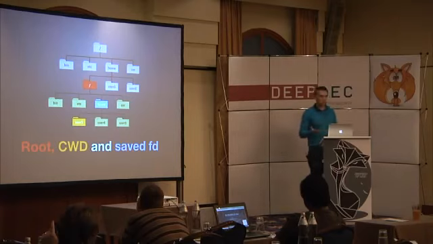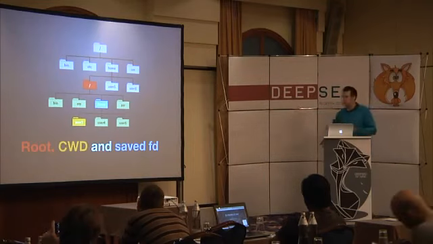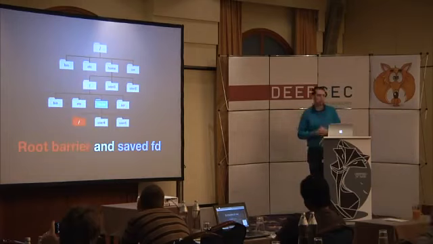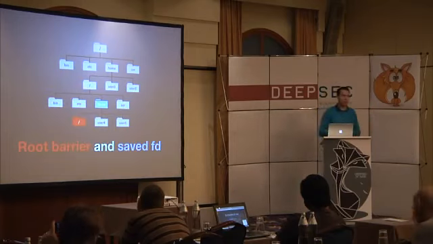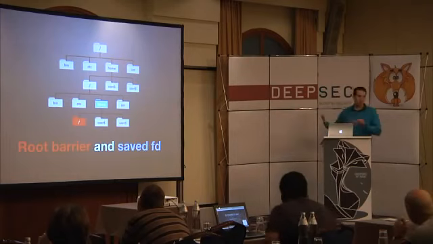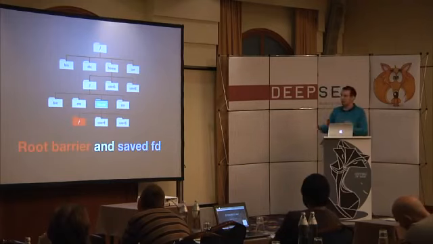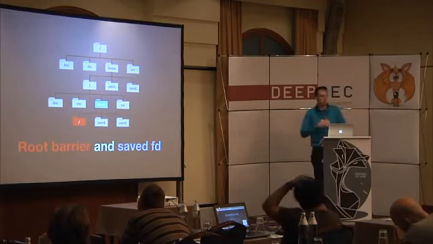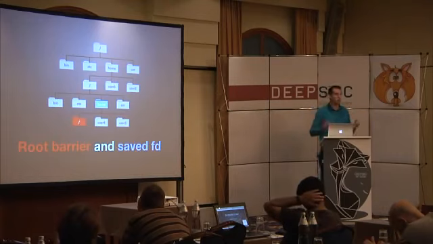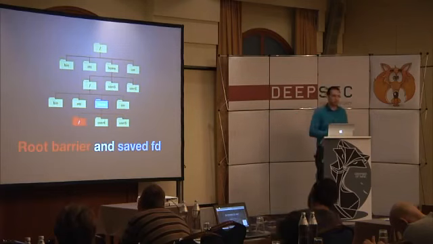But before we do that, we open the home directory and save the file descriptor that is pointing to the home directory in memory. And after that, we call the chroot system call. That way, we will have our new root. We shouldn't see anything because our current working directory is the same directory, so we are inside of that enclosed environment. But we have a saved file descriptor outside of our root, so that way we will be able to see everything on the file system.